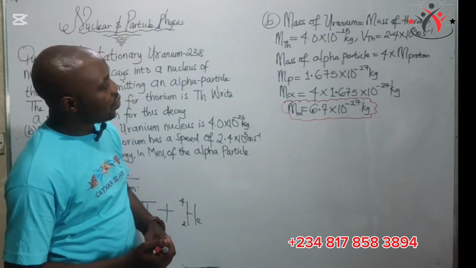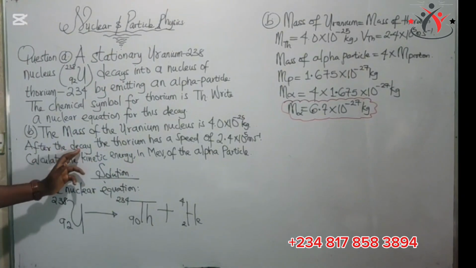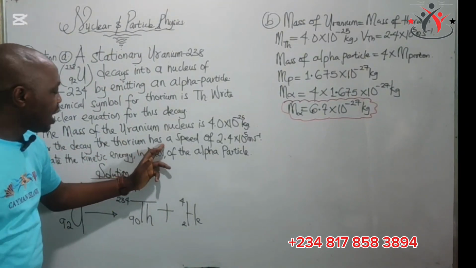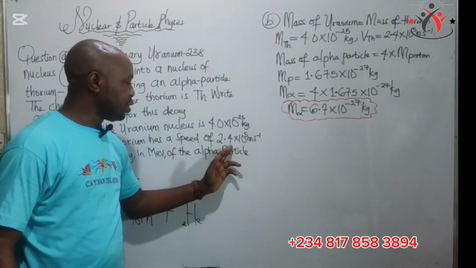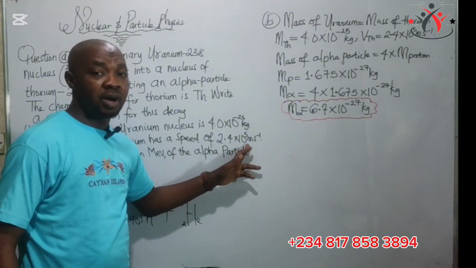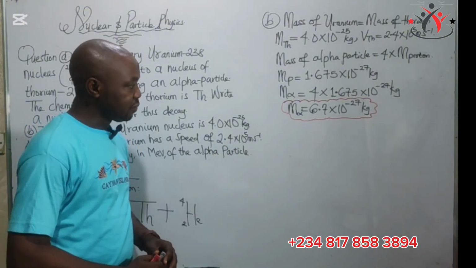Yes, that is because after the decay, the thorium moves with a speed of 2.4 multiplied by 10 raised to the power of 5 meters per second.